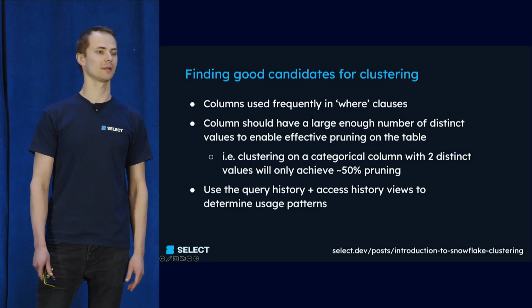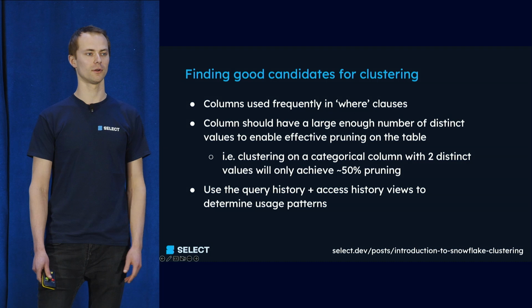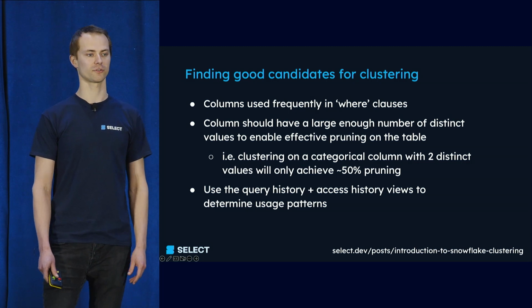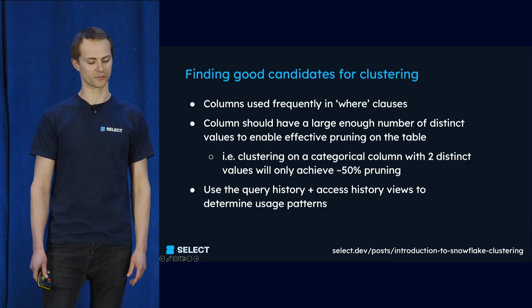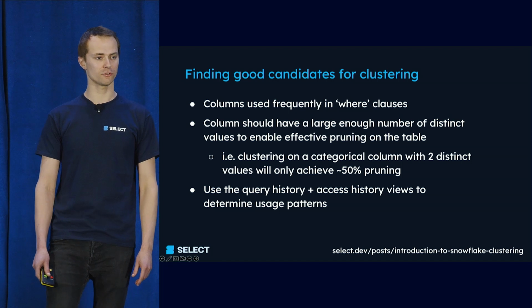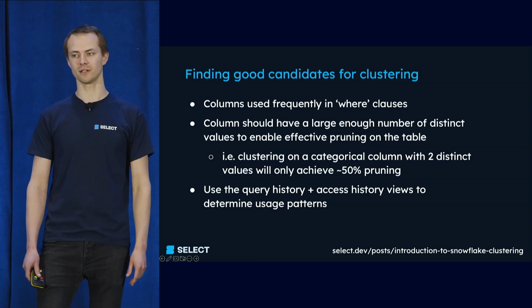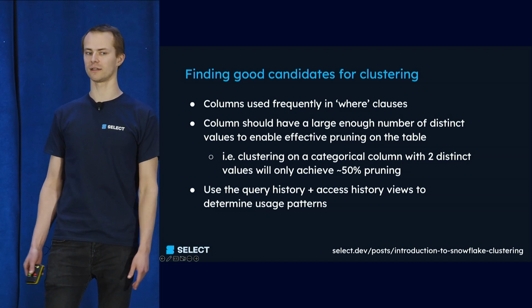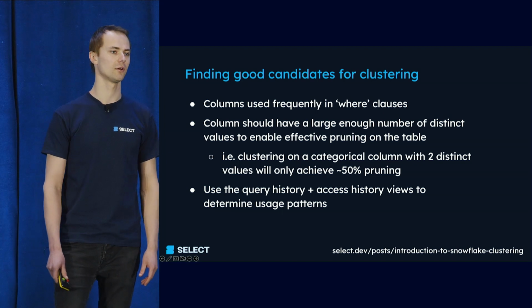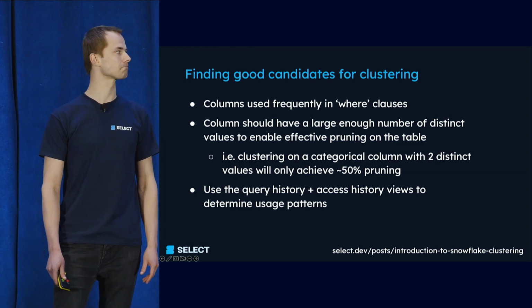If instead you use something like a timestamp that we mentioned before, you'll see much better pruning performance because Snowflake can discard more micro-partitions. And you can use query history, access history, as well as your own understanding and knowledge of the data to understand what a good column is to cluster by.